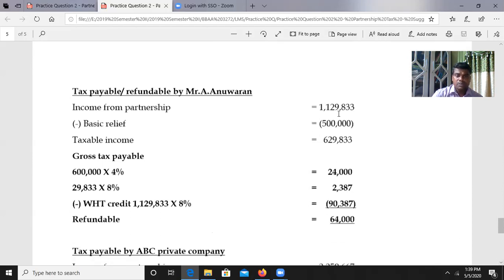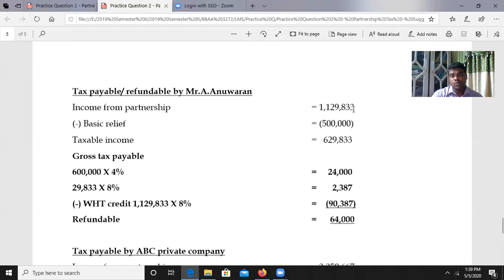Income from partnership, which is 1,129,833. That means total partnership income should be divided by 3 and multiplied by 1, because 1 part should be allocated for Mr. A. Anuvaran.